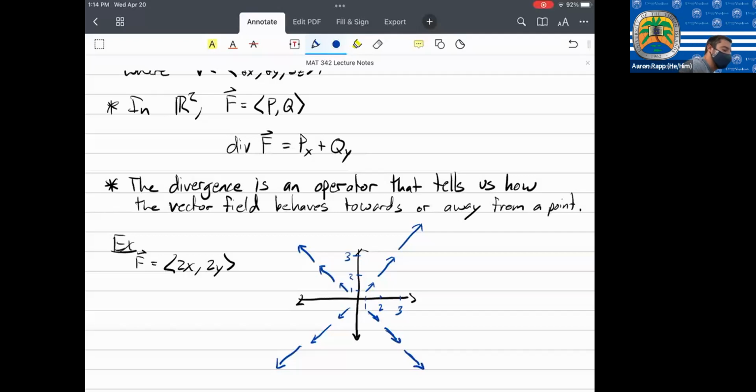What is the divergence of this vector field F? Well, I take the partial with respect to x of the x component, so the partial with respect to x of 2x, and add it to the partial with respect to y of the y component, which is 2y.